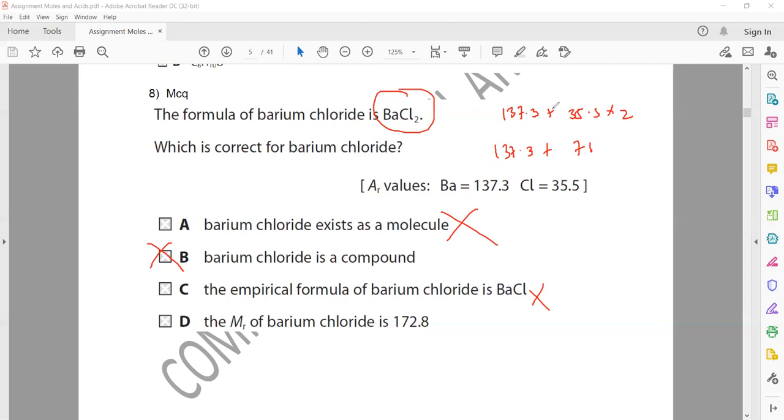So 137.3 plus 71, that will be equal to 208.3, but it is written 172.8, so that is also wrong. So correct option is B.